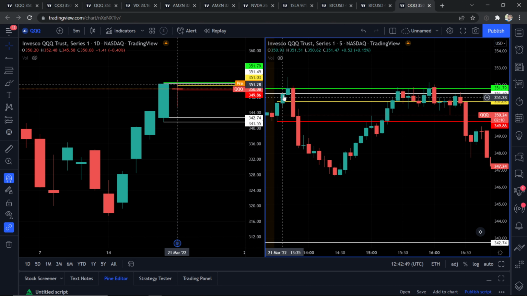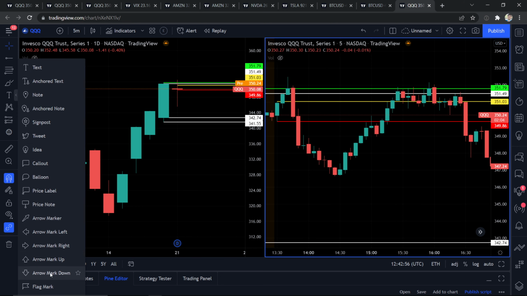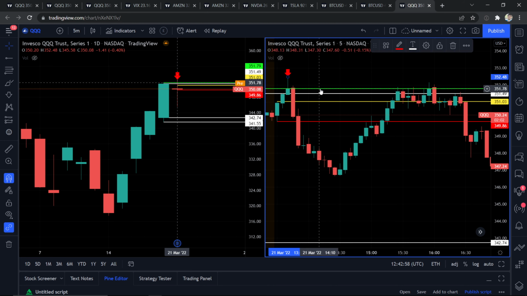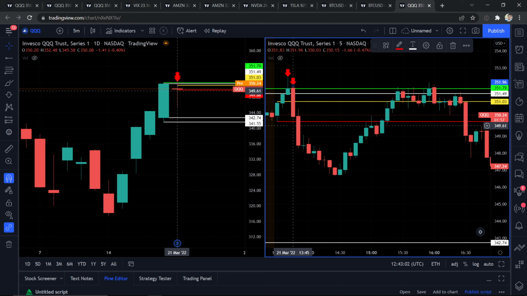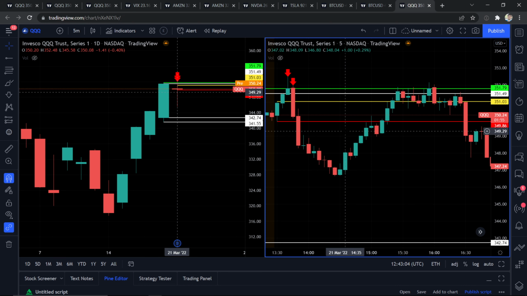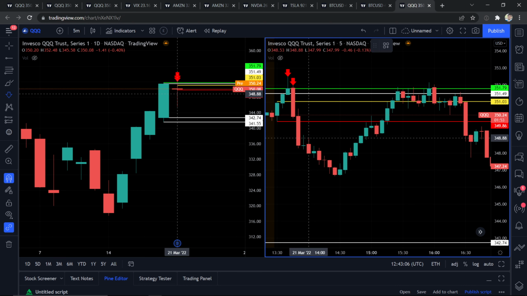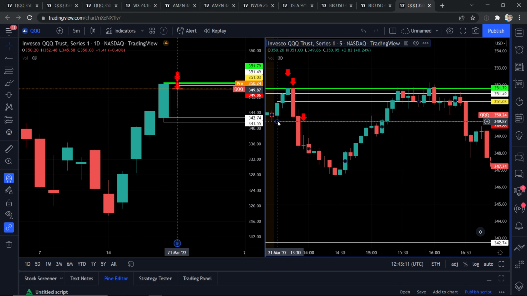Within the first 15 minutes, we got a clear scalp to the upside, which obviously here it didn't last very long because you had selling pressure that kicked in there. And then it confirmed with this next 5-minute candle, right?